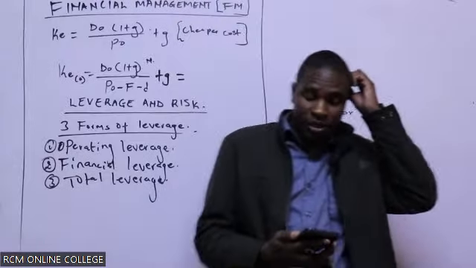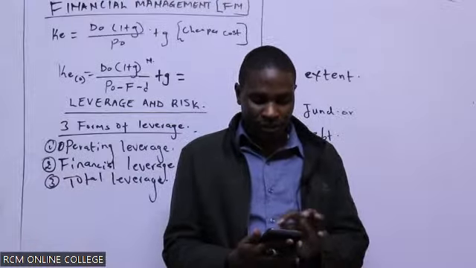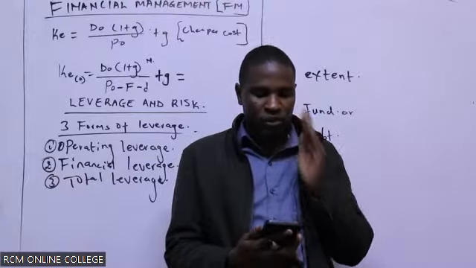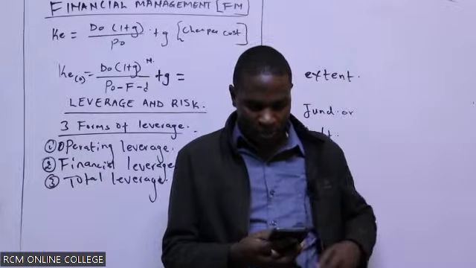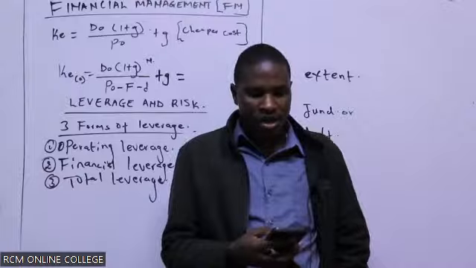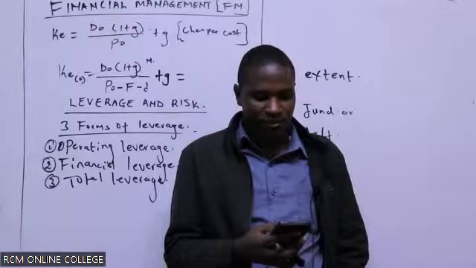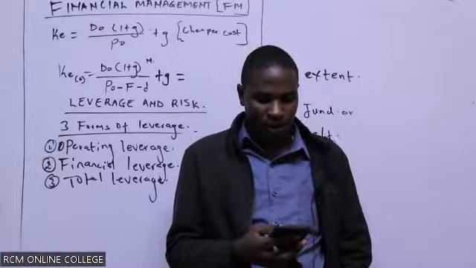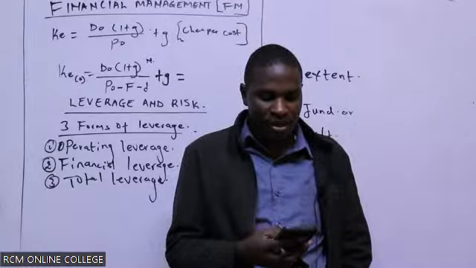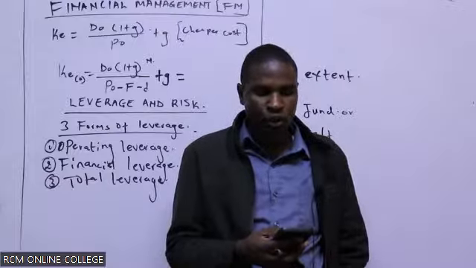Therefore, this operating leverage helps you to do what? To get that ratio of cost, the fixed cost and the variable cost. Then you put a full stop and continue and say a higher operating leverage means that the company has a higher proportion of fixed cost.